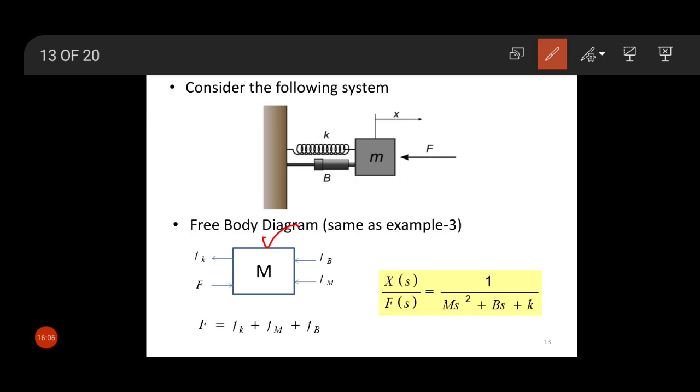Second step is the applied force. This is our applied force, capital F. The applied force is in the direction of displacement, so the direction of displacement is this. Here the applied force is applied in the direction of displacement.